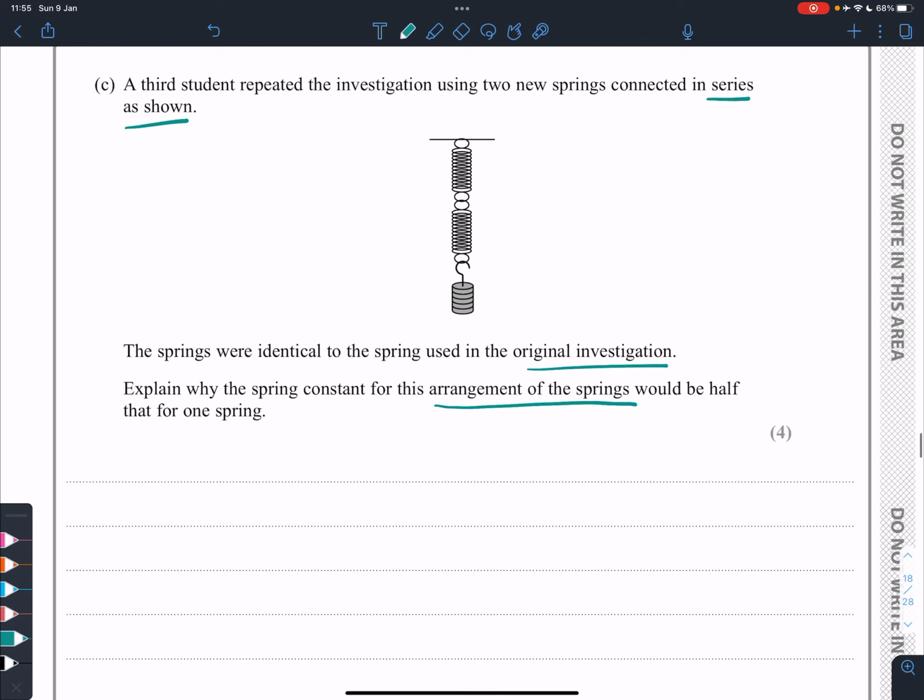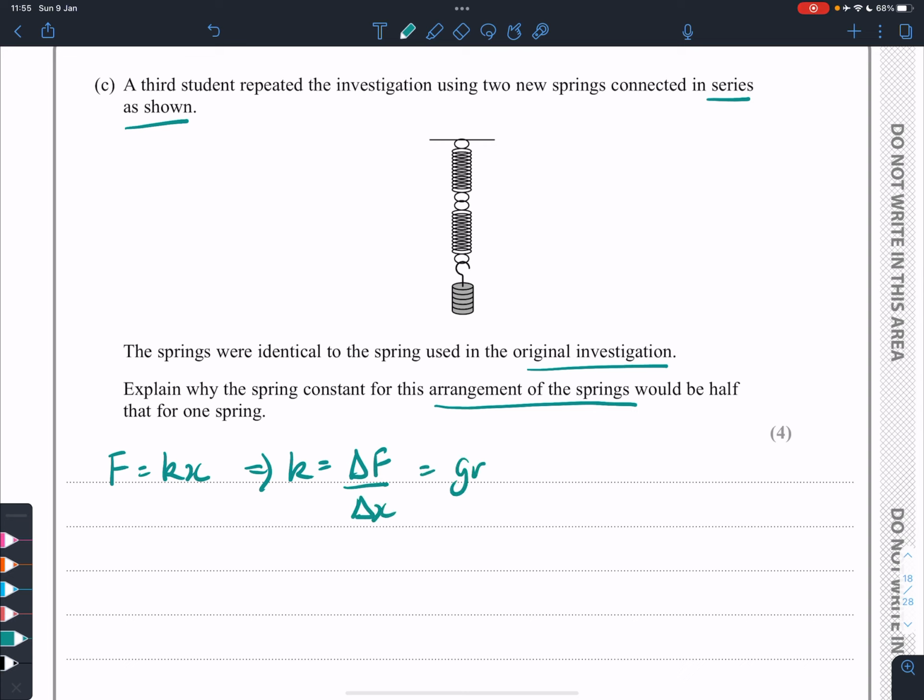Okay, so spring constant, if we go F equals kx, the spring constant k is equal to the change in F divided by the change in x, which is the gradient. But what's more interesting now is how much force produces how much extension. Let's think of it just from here, just the bottom half.